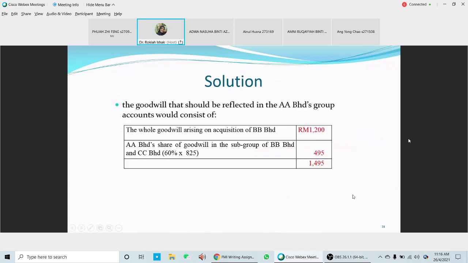And the goodwill that should be reflected in A's account should consist of this: the whole amount of goodwill of 1.2 for B, because A has control over B, so they recognize the total amount.